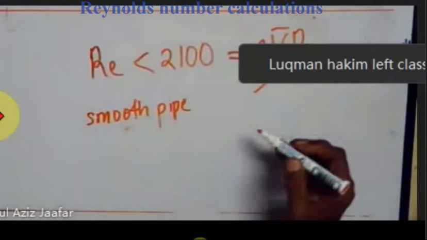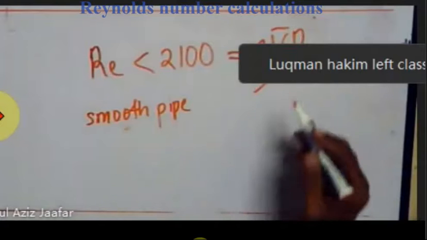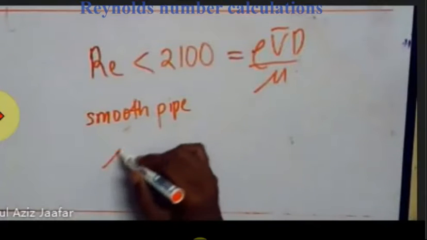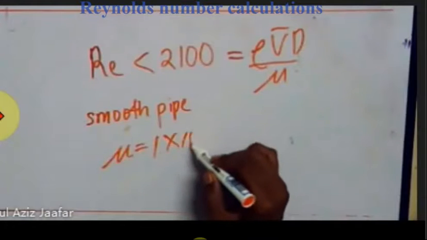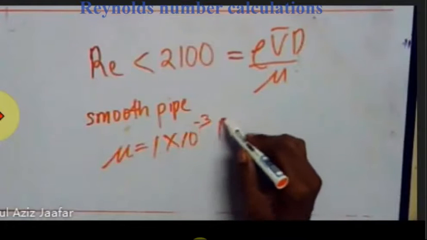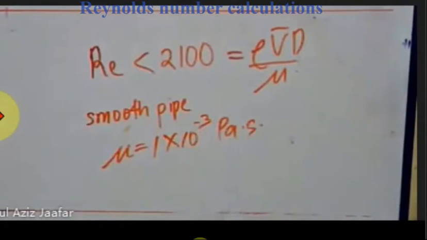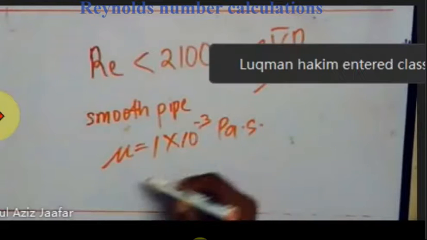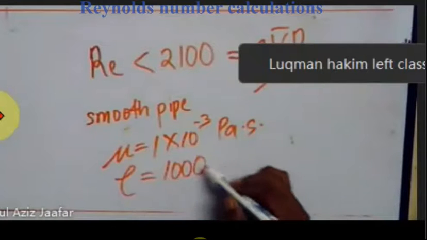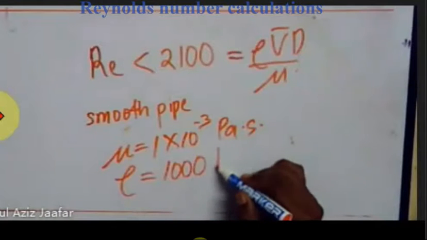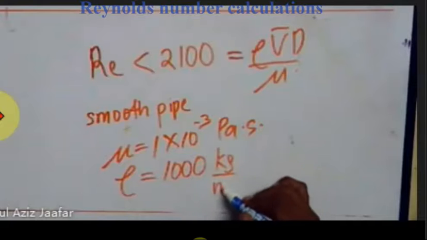Let's say we have an unknown fluid. The dynamic viscosity is 1 times 10 to minus 3 Pascal second. We don't know this fluid, and the density is 1000 kilogram per meter cube.